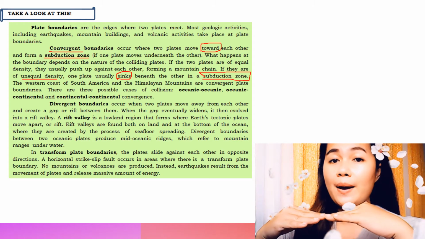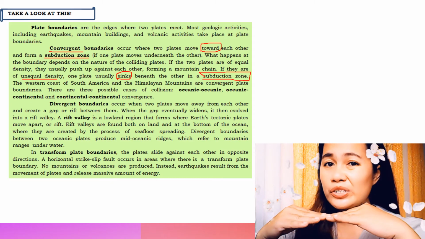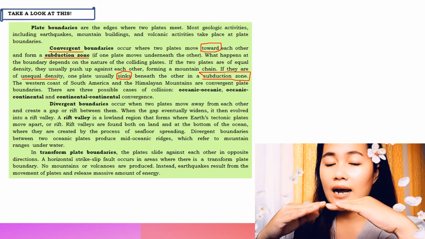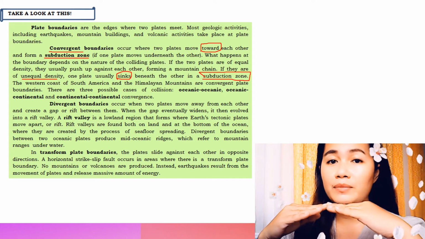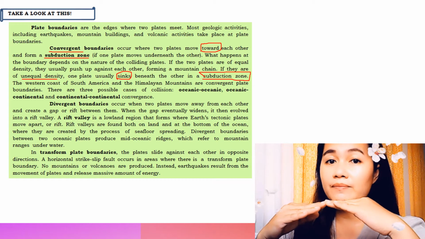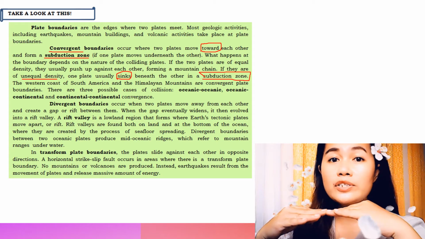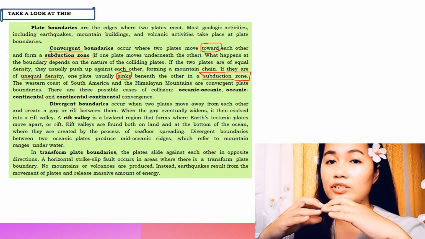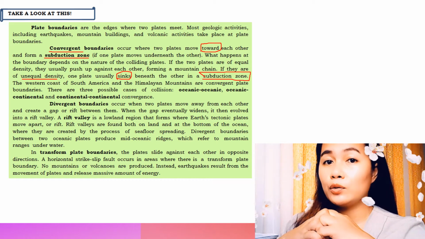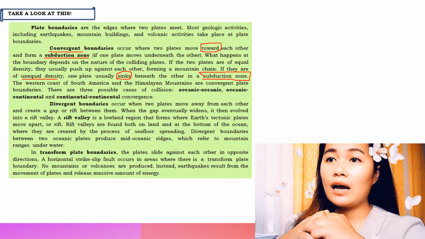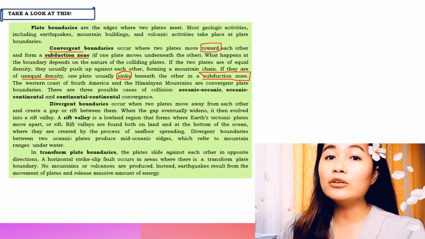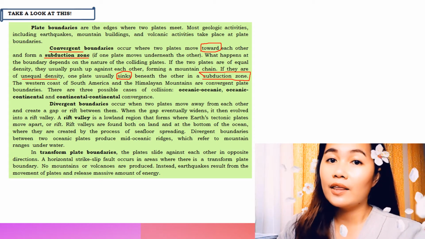So, kay pareha man silang density, walay mo pa ubos. So, inigbangga nila at their place of meeting, instead nga na mo subduct, wala may ubos, wala may mapaubos nila kay pareha man silang density, they will just form mountain chains in between. So, asa man yung makita kay oceanic, mga mountain ranges under the ocean.